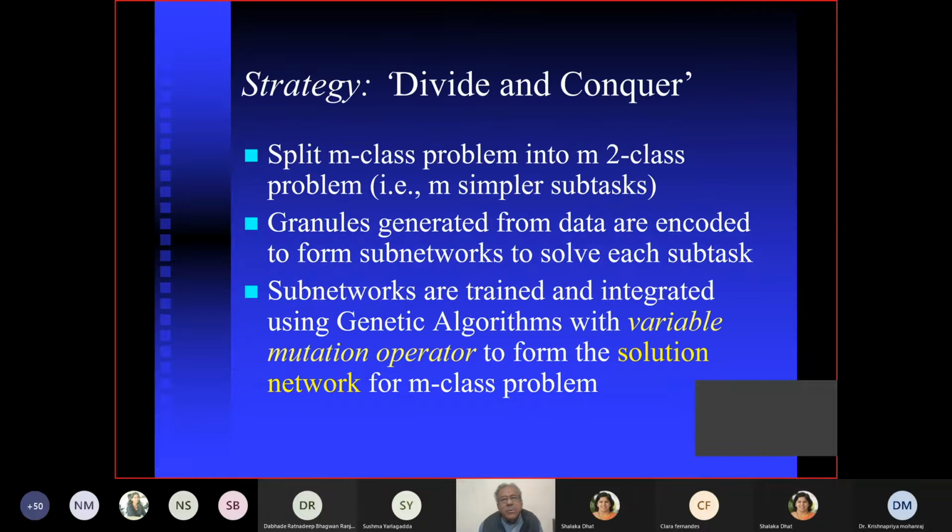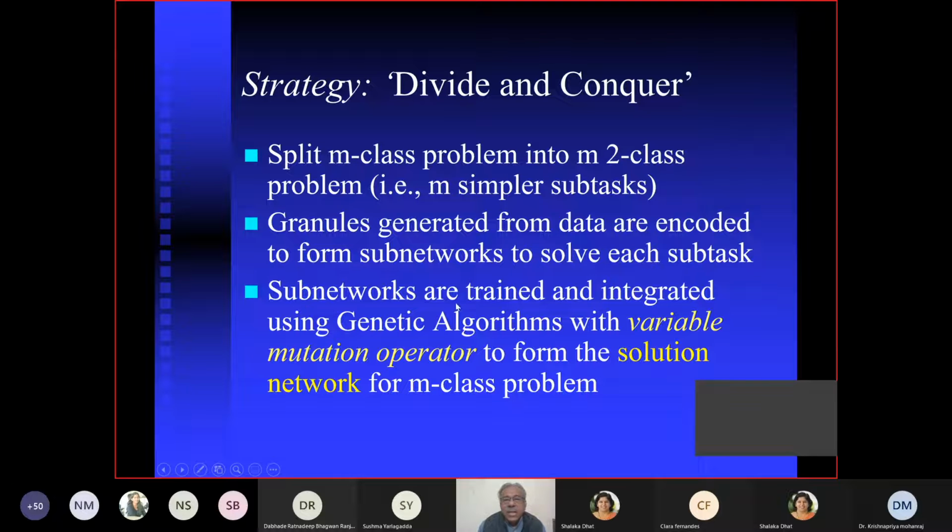So the strategy is divide and conquer. You split an M-class problem into M 2-class problems. So if you have a 3-class problem, you have three 2-class problems. That's why, instead of deriving one network from a 3-class output, you need three 2-class problems. That means whether this class belongs or not.